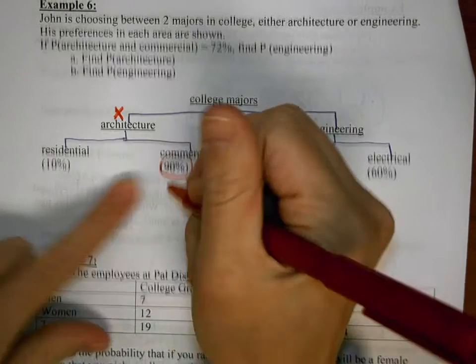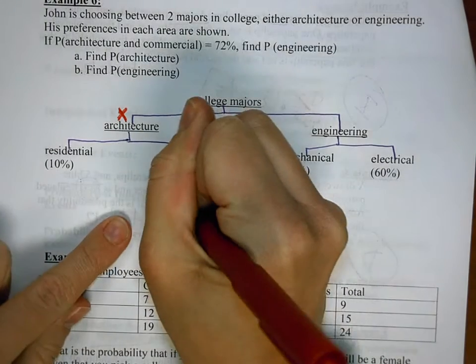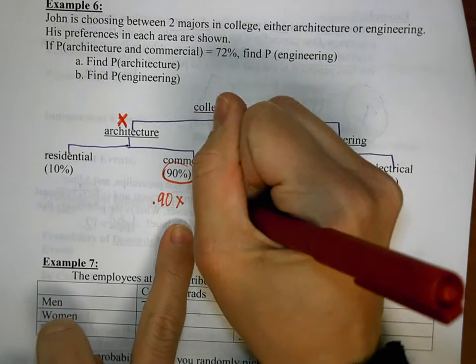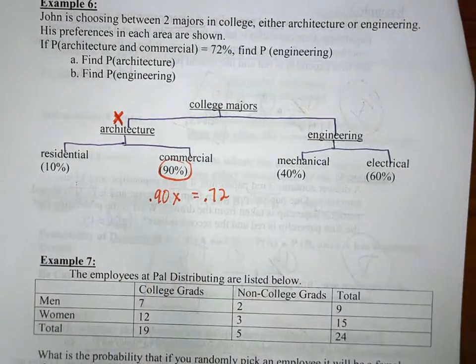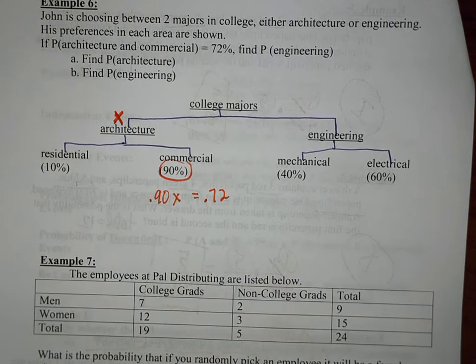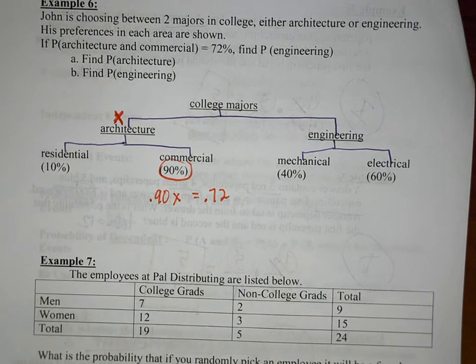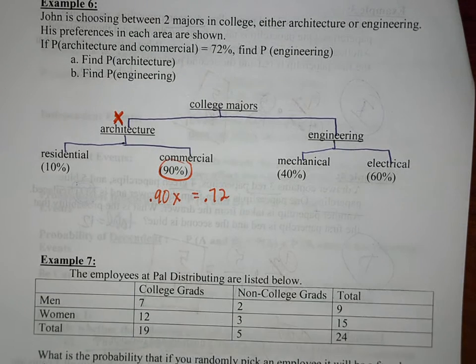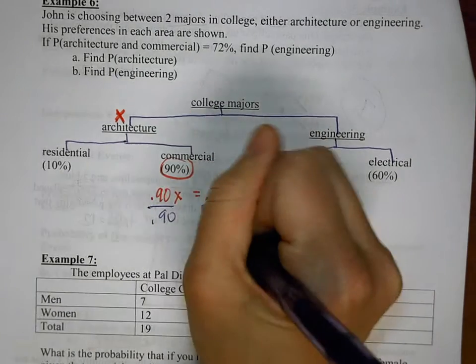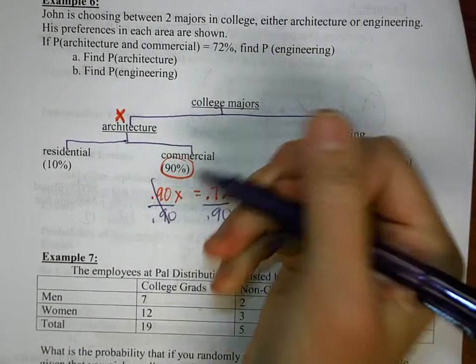So what this means is 0.90 times x, or 0.90x, equals 0.72. Because they said that when you have architecture and commercial together, it equals 72%, which is 0.72. So how would I solve to find out what architecture is? Very good. That's exactly it. You would divide 0.90 to both sides in order to get x by itself.